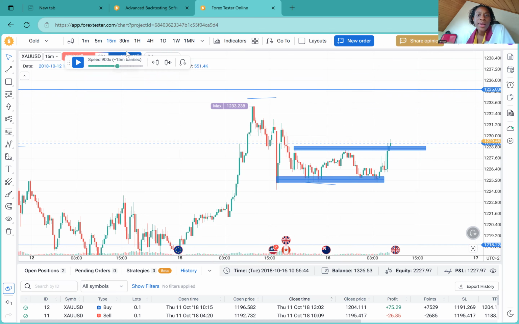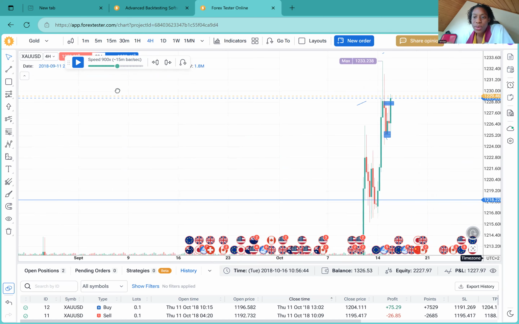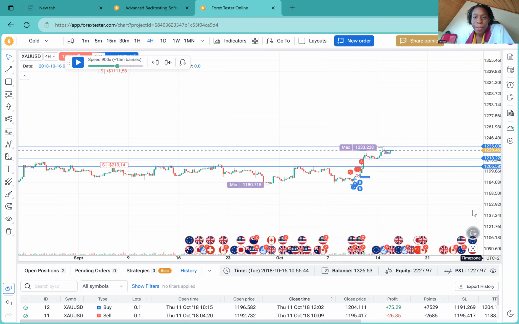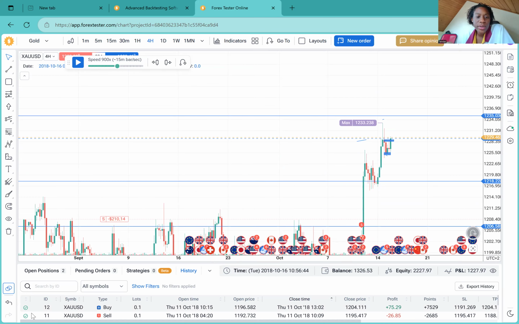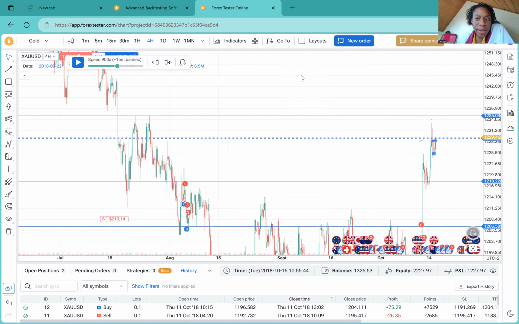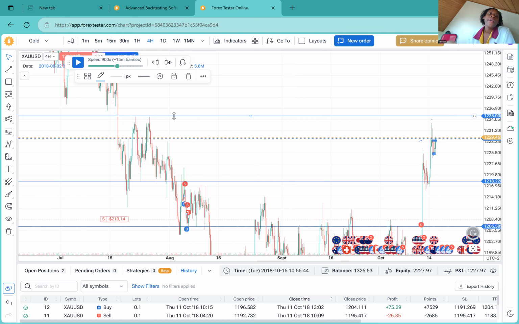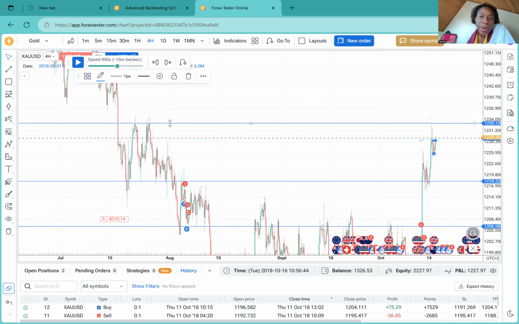In fact, we should really target the 4-hour highs. So let's have a look and see. Okay, so you see here the previous highs. So can you see price is currently here? And I would say this is quite a significant high where price has been right here.